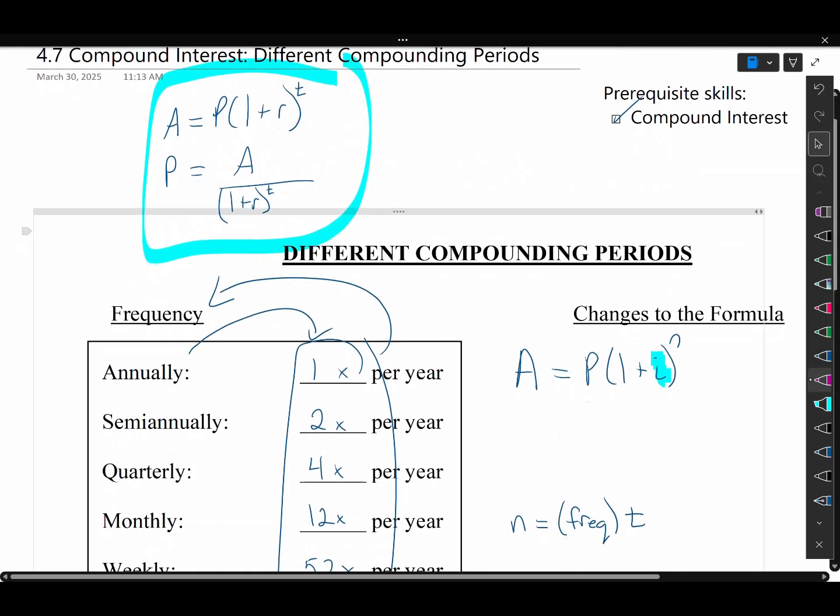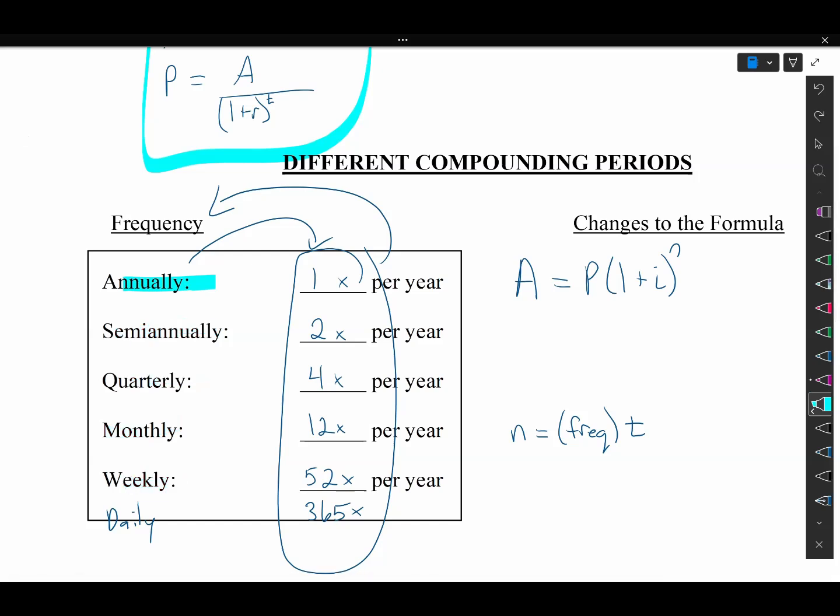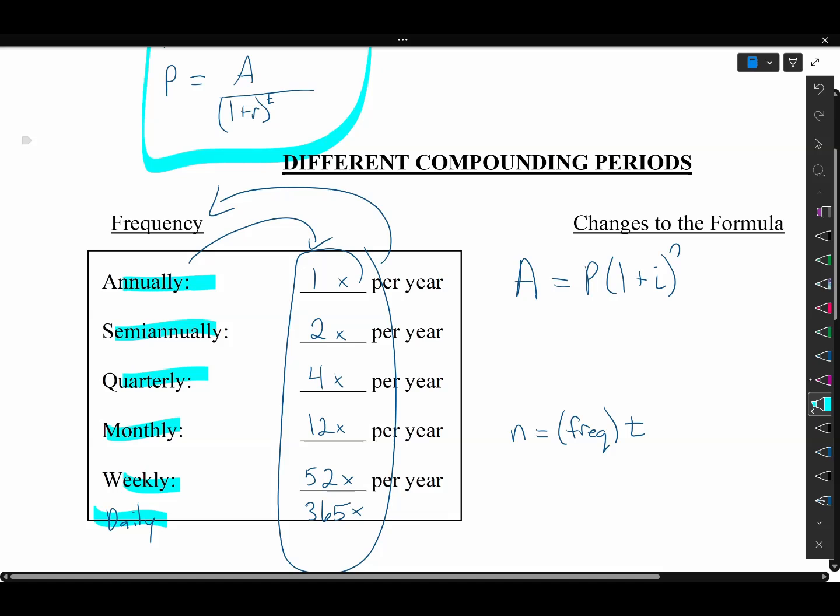Our I value is going to be the interest rate per time we are performing our calculation. So that might mean per year, if we're talking annually. It might mean per half year, if we're talking semi-annually, per quarter, per month, per week, or per day. It might mean any of those.